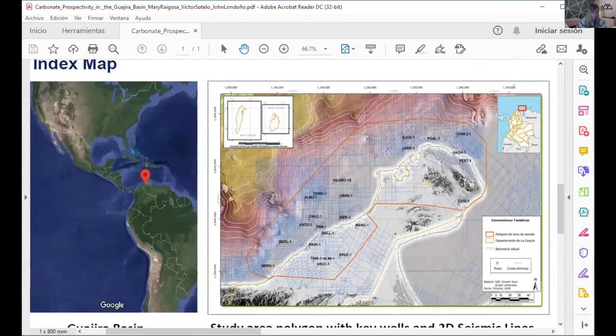Okay. Good morning. The study area is located in Colombia, in the northwest corner of South America, in a compressive regime controlled by the subduction of the Caribbean plate under the South American plate. The basin is also affected by an important strike-slip deformation component.